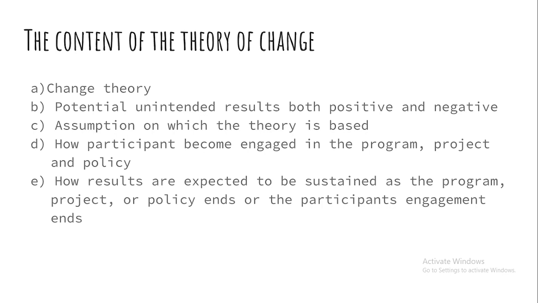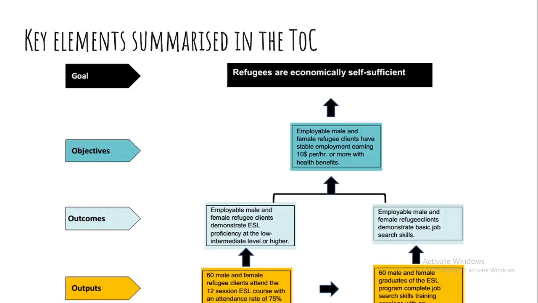All these are incorporated when you're designing your theory of change or program theory or impact pathway. You need to include your change theory, the potential unintended results, both positive and negative, the assumptions on which the theory is based, how participants in the program will be engaged, and how the results are expected to be sustained as the program or project ends.